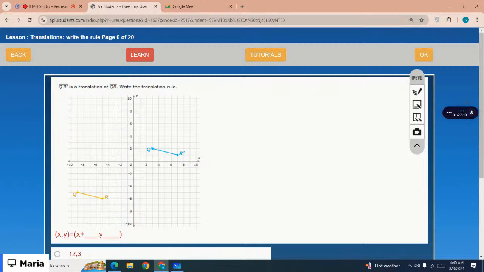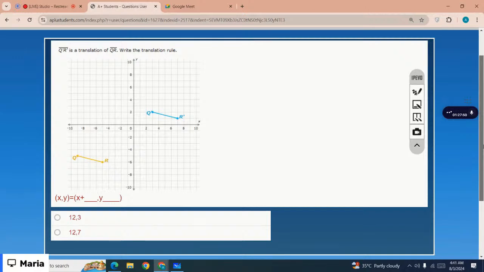Of QR. Write the translation rule. Option number 2 is the correct option. 12 and 7 is the correct option.